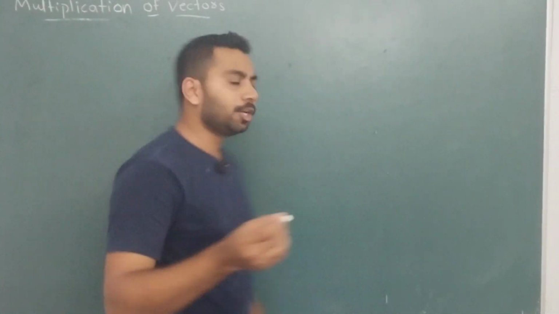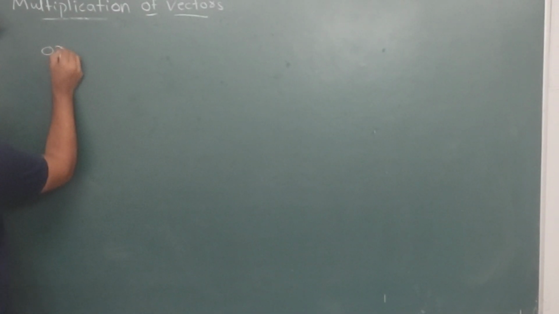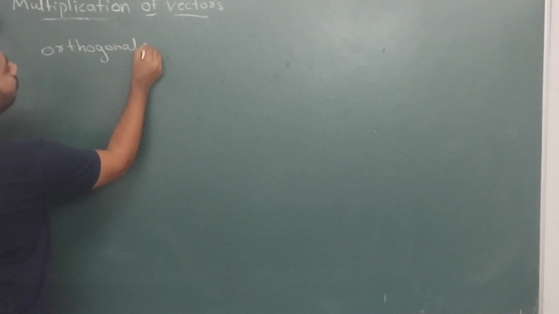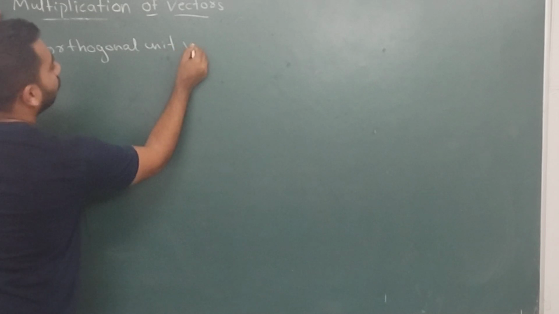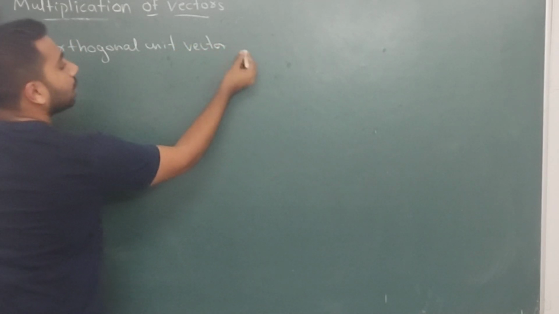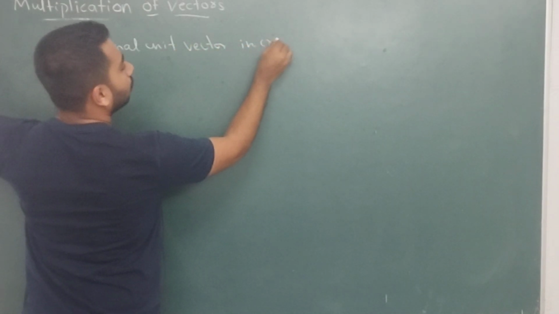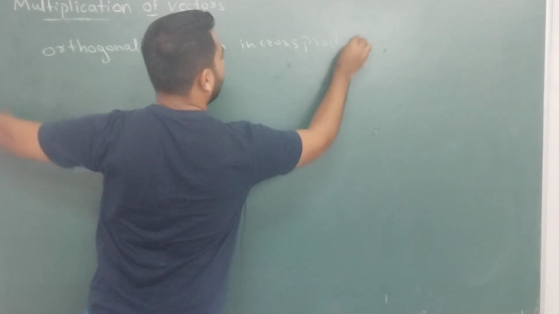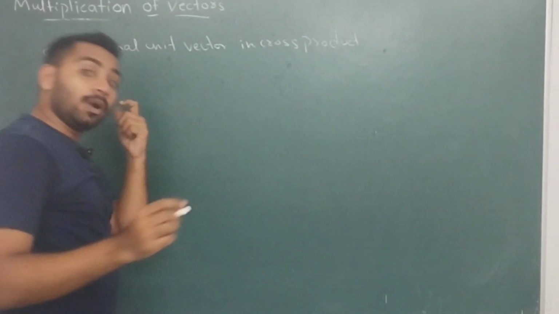Now come to orthogonality. Let us see orthogonal unit vectors in the cross product. What is a cross product?